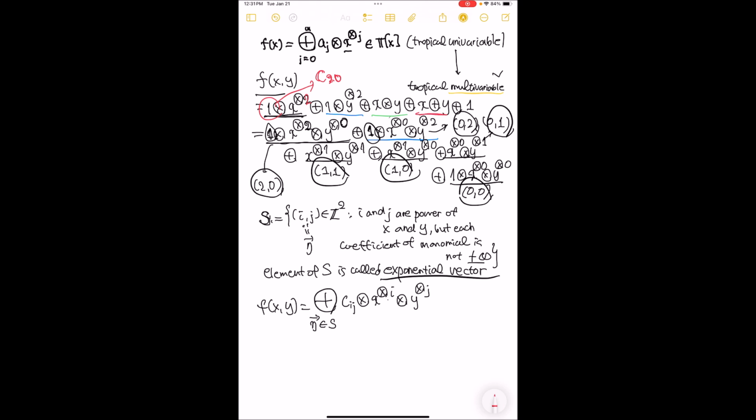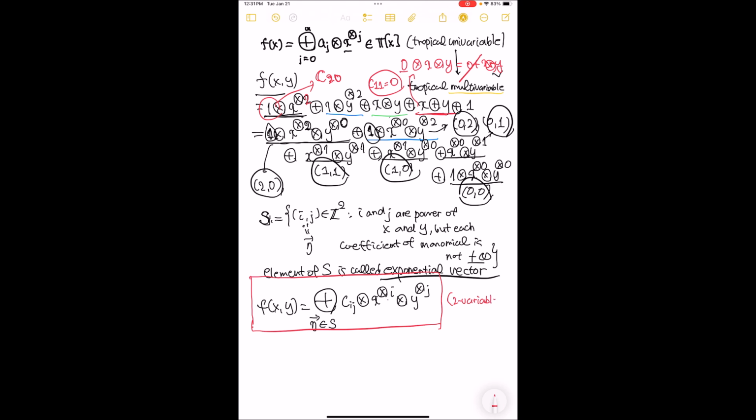And in the case where the coefficient is just 0, that is minus infinity in the tropical sense, the multiplication is defined by tropical sum, so that vanishes. So in this case, C11 is a 0 coefficient.